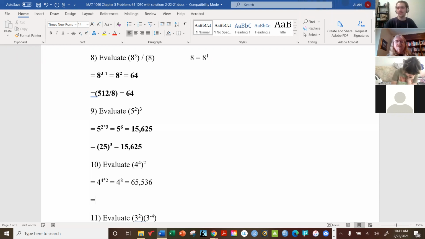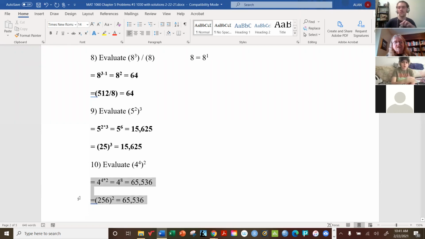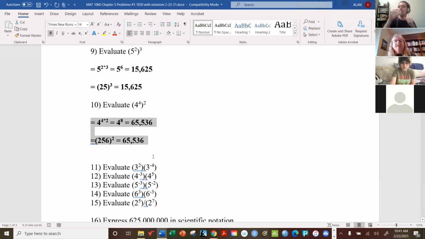Now, if you do this directly, 4 to the 4th is 256. If you square 256, you'll get the same thing. In fact, it might even be good to do this as a double check if you're not positive that you've done it correctly. You don't have to, of course, but you might want to think about it.